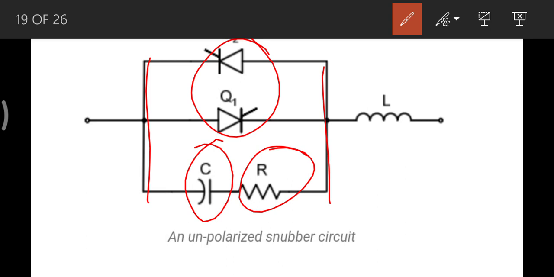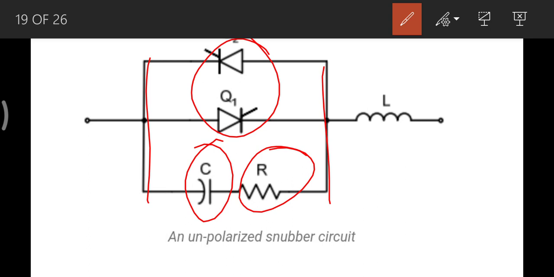So here we have to find out the capacitor values and resistor values. For designing the RC snubber circuit, we have to find out the optimum values of the capacitor and the optimum values of the resistor. If you take the capacitor as you wish, there will be some disturbance in the operation of this RC circuit.